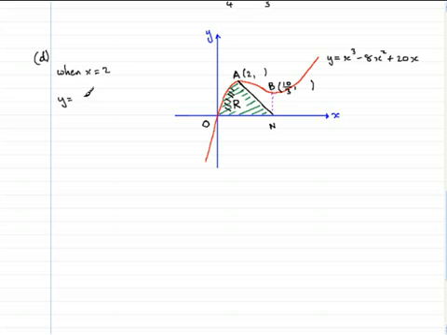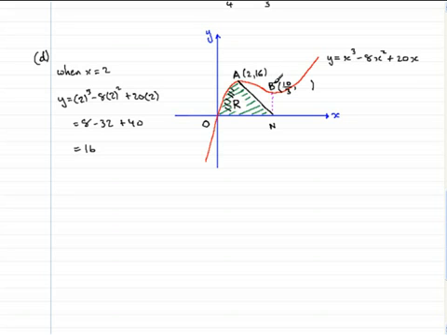We sub it into the equation of the curve: y will equal 2 cubed minus 8 times 2 squared plus 20 times 2. 2 cubed is 8, 2 squared is 4, minus 8 fours is minus 32, and then 20 times 2 is 40. Work that out and we get 16. So the y-coordinate, let me mark it in here, is 16. So A has coordinates (2, 16).